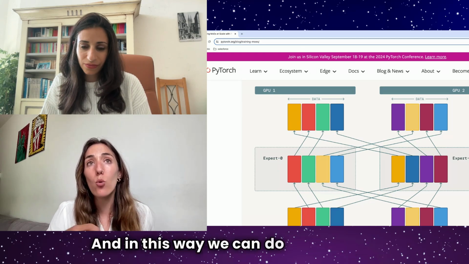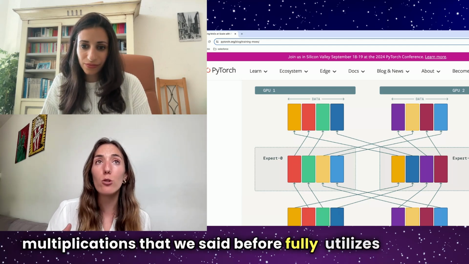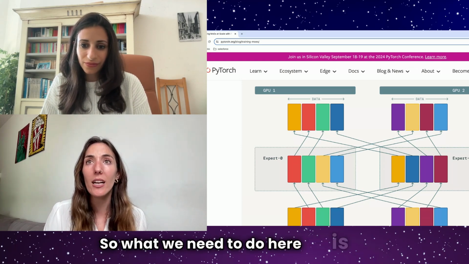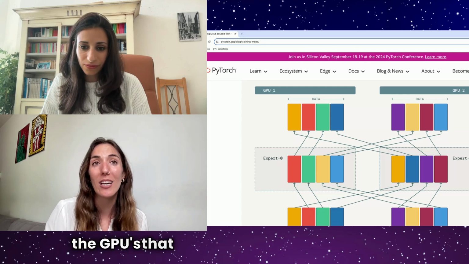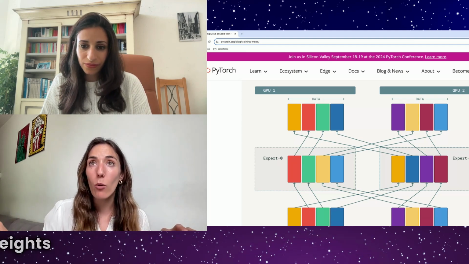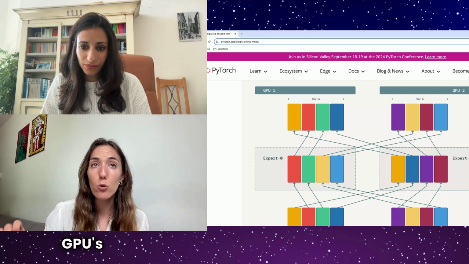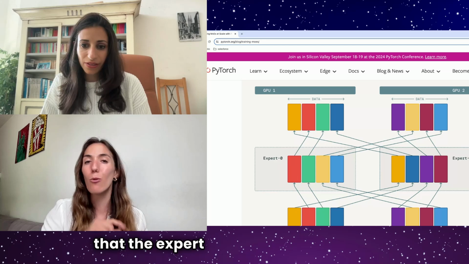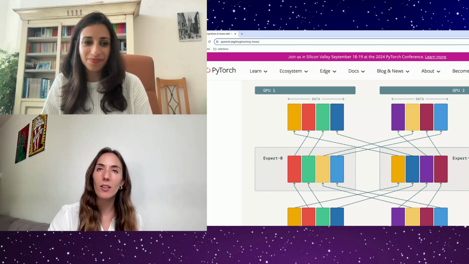In this way, we can do much larger matrix multiplications, which fully utilizes the GPUs and pushes their boundaries. So instead of replicating the weights across the GPUs, we force specific experts to specific GPUs and push the data to the GPU that the expert needs to specialize on. Got it. So the data moves instead of weights. Okay. Yes.